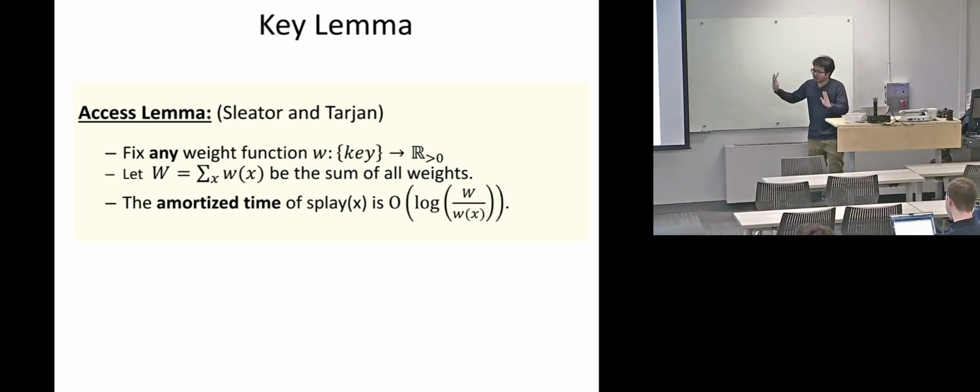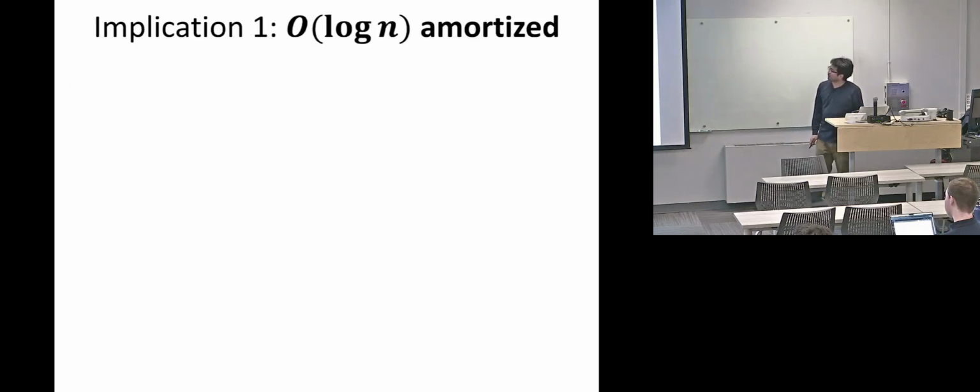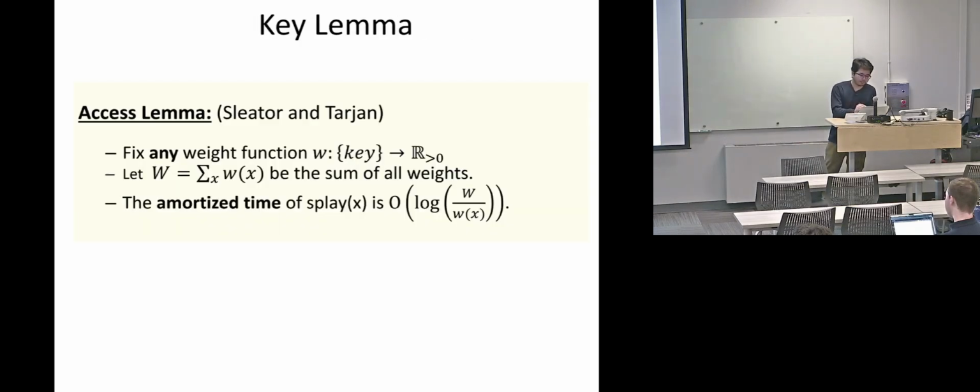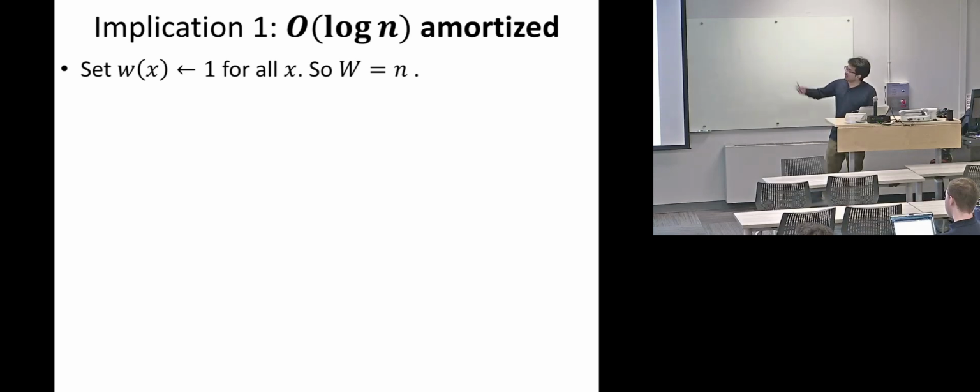I'm going to prove this, but it's non-trivial. But what's the implication? Let's try to apply this lemma for different weight functions and see the implications. If I just set the weight to be 1 for every key, then capital W is n.